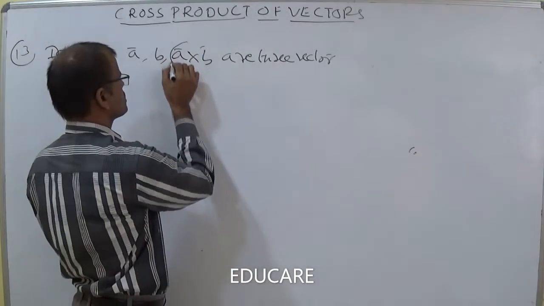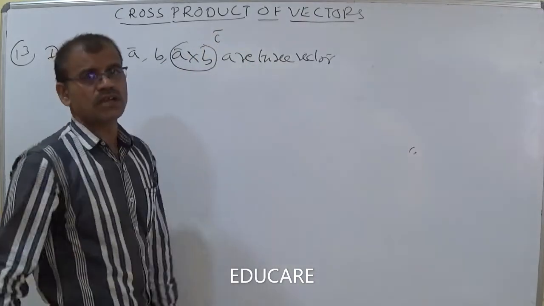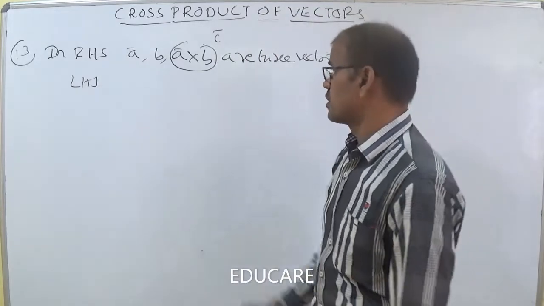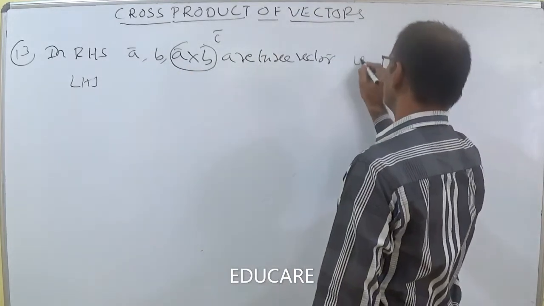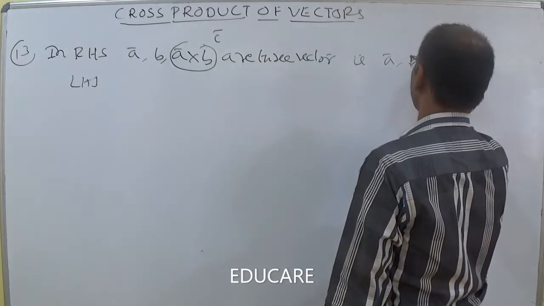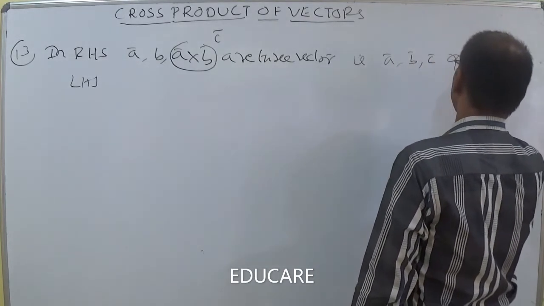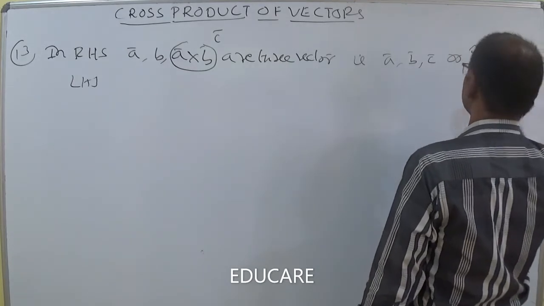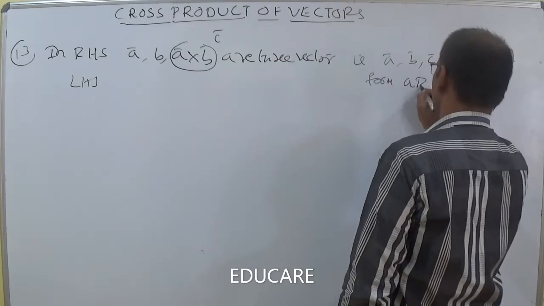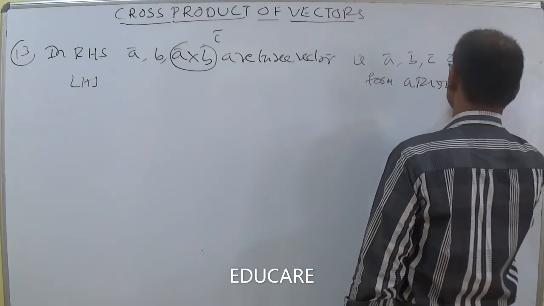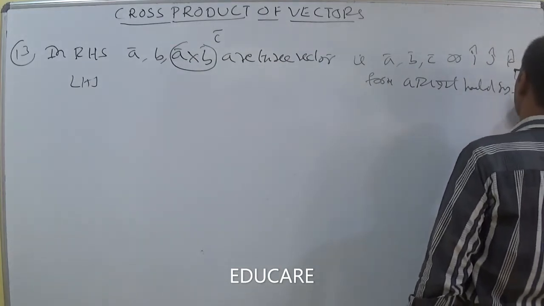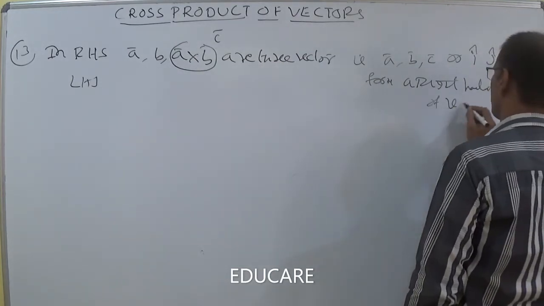It is nothing but C. I said that I cross J equals K, and K is the unit normal vector. So A bar, B bar, C bar are I, J, K, and they form a right-handed system of vectors.